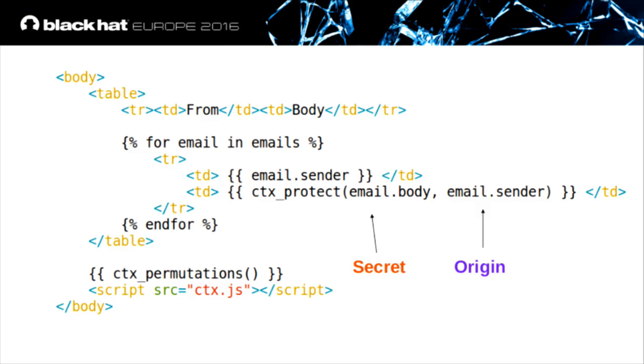After that, they have to include CTX permutations. This is a script tag with a JSON, which includes all the permutations for its origin. And the final one, the CTX.js, is the client.